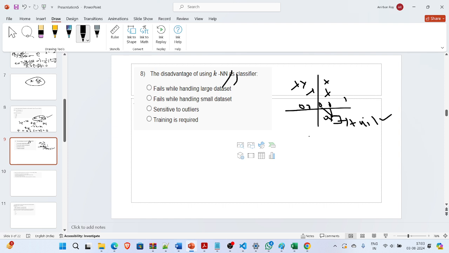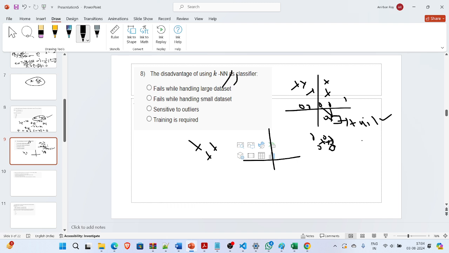Next, the problem is that suppose these points are there, and there is a big cross here, and there is our testing point. Suppose we take k equals 2, then I take the distance from this tail and the distance from this head, so the classifier is inconclusive.